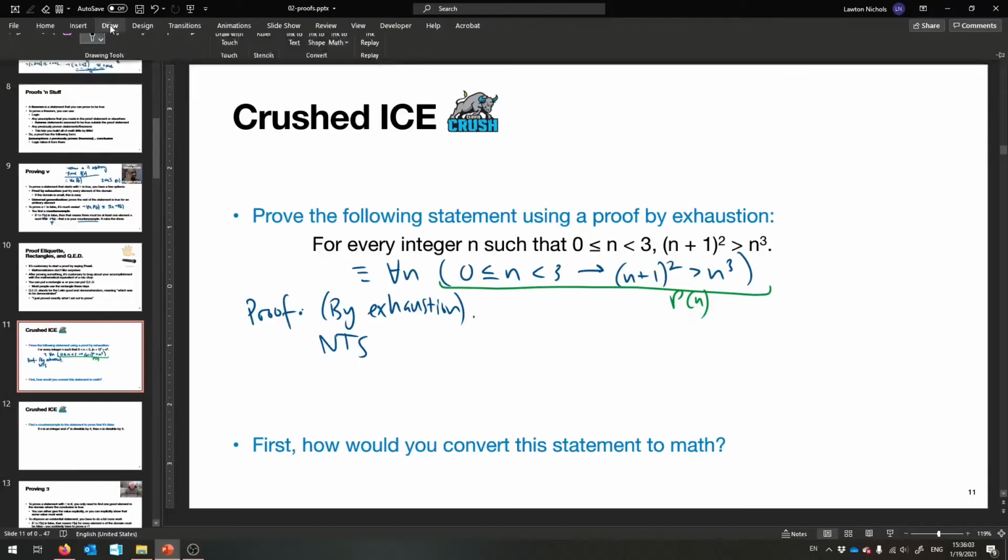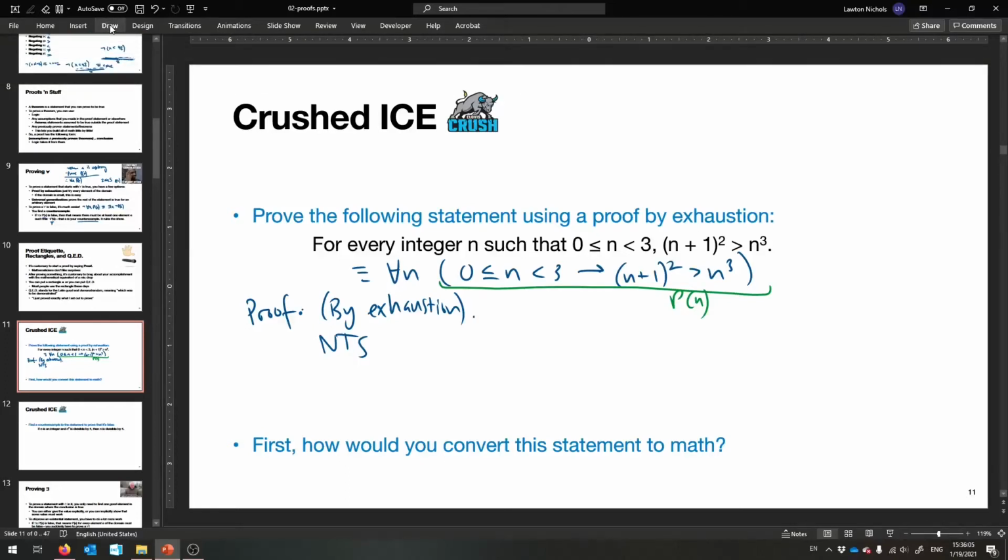To prove this theorem by exhaustion, I need to show that it's true for all the n that respect this inequality. So I need to prove it for P(0), P(1), P(2), and not P(3), because we're not going that far. That's all I need to do, and once I've done that, I've proved the theorem. Are you ready? Let's go.